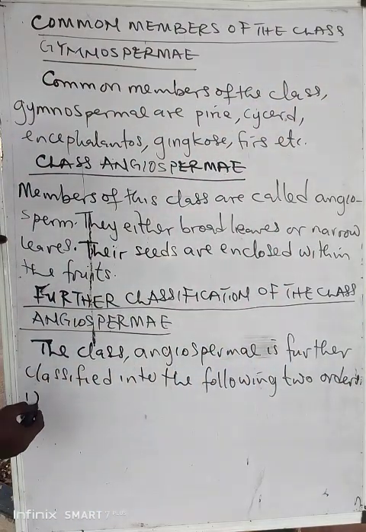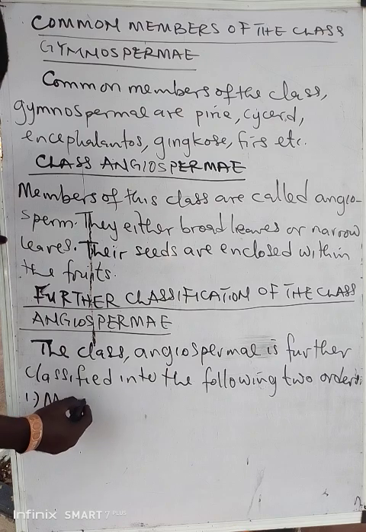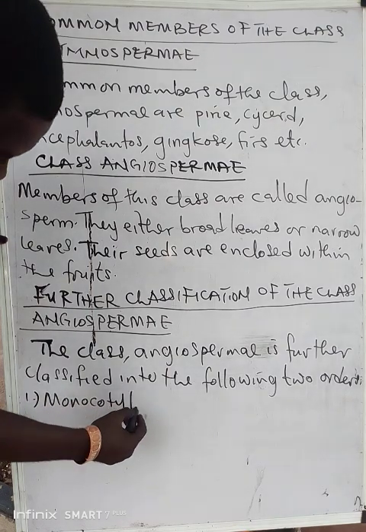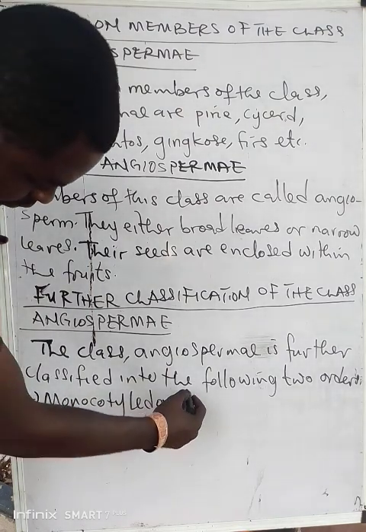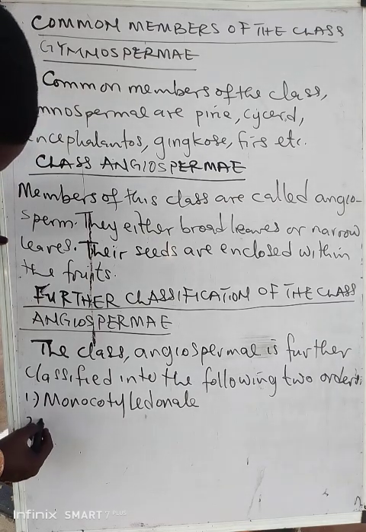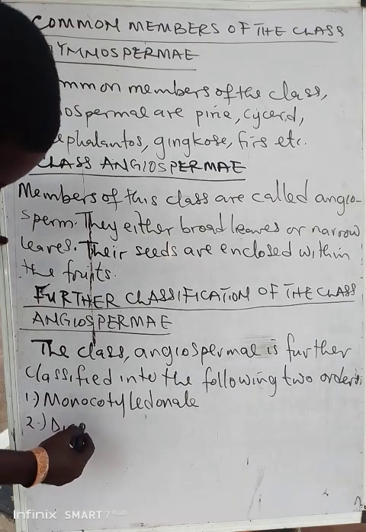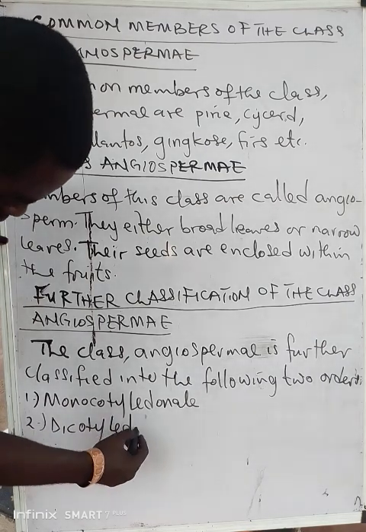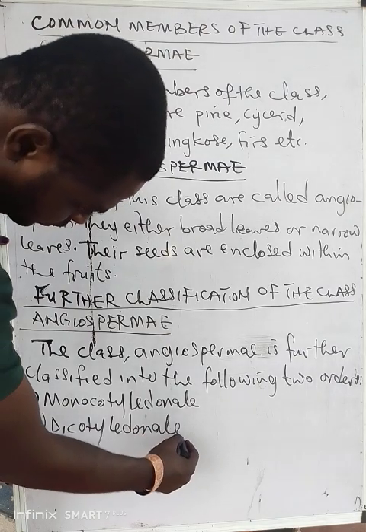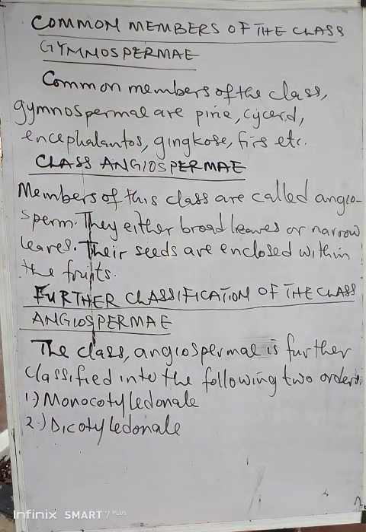We have one, Monocotyledonae, and we have two, Dicotyledonae. Monocotyledonae and Dicotyledonae. So, what are the Monocotyledonae?